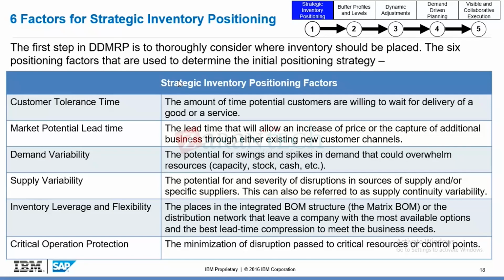Inventory leverage and flexibility, the places in the integrated BOM structure or the distribution network that leave a company with the most available options and a base lead time compression to meet the business needs. And critical operation protection is the minimization of disruption passed to critical resources and control points. These factors are to be considered while deciding on the decoupling point.